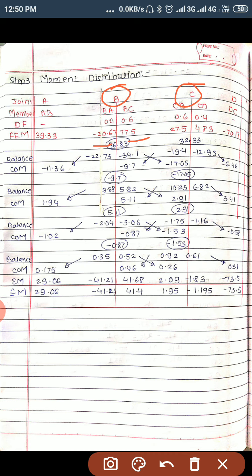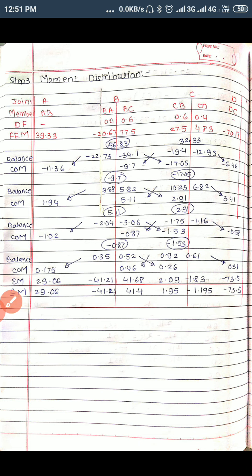Is it balancing the particular joint? No, one member is weak and another member is strong, moment wise. That's why we have to keep the joints in equilibrium, in stable condition. This is the main motto of our moment distribution, to keep the joints in equilibrium.